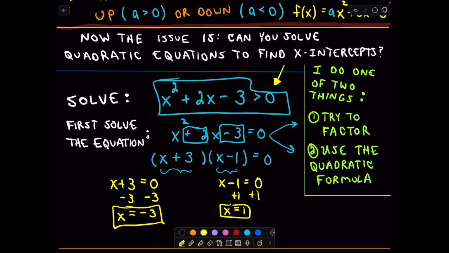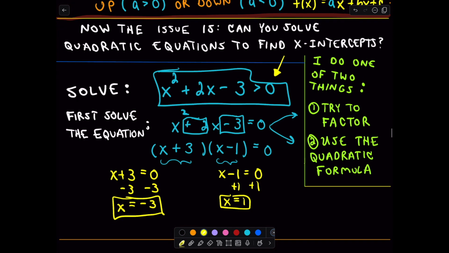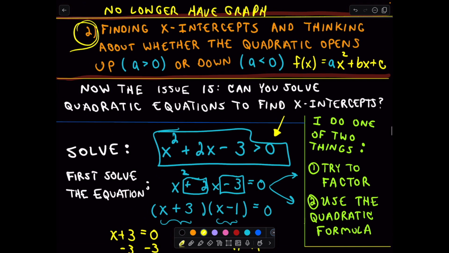Okay, now this is where I don't have to do much more if I want to solve this inequality, because now I'm thinking about a couple things. I've got my x-intercepts. I know it's at -3 and it's at +1. But this is where I do this other thing. I think about, is the graph opening upwards or is the graph opening downwards?